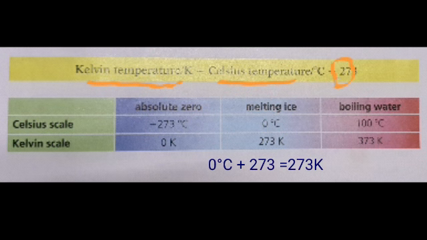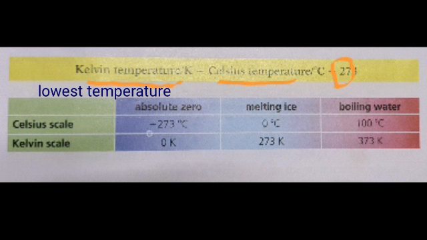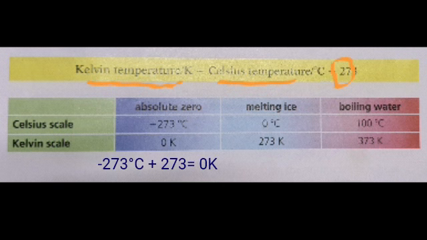So you add with 273, therefore you get 273 Kelvin. And for the absolute zero, the Celsius scale is negative 273 degree Celsius. This is the lowest temperature. So you add with 273, therefore you will get 0 Kelvin.